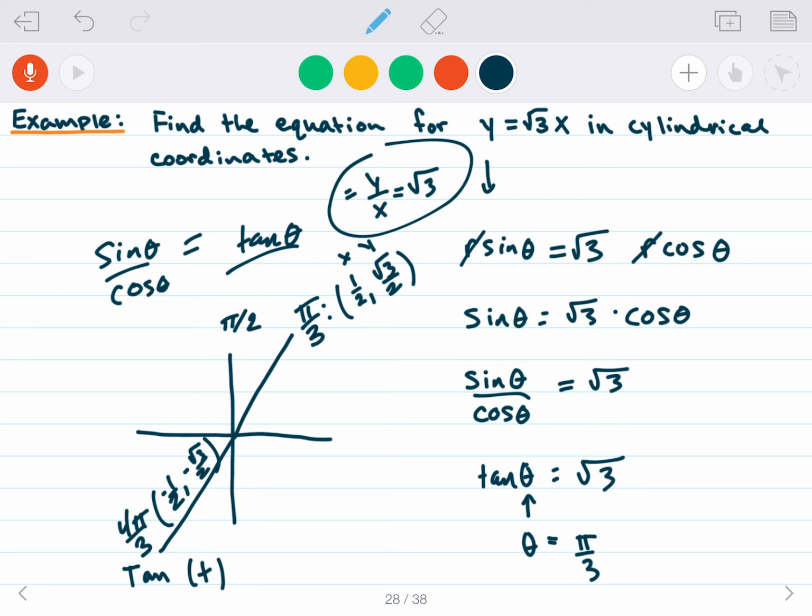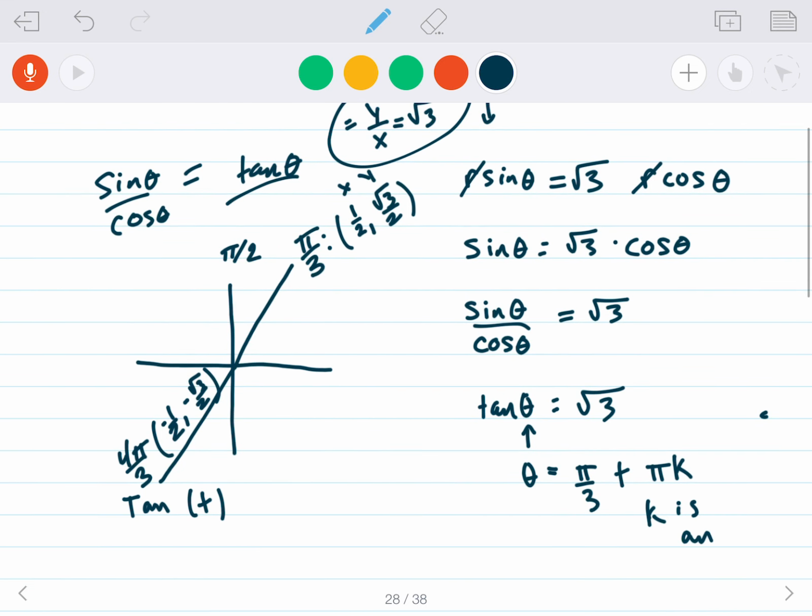So if you want to write all possible thetas, what you could write is pi over 3 plus pi k, where k is an integer. That's going to cover all possible thetas that'll satisfy this equation because these guys are pi apart, right?